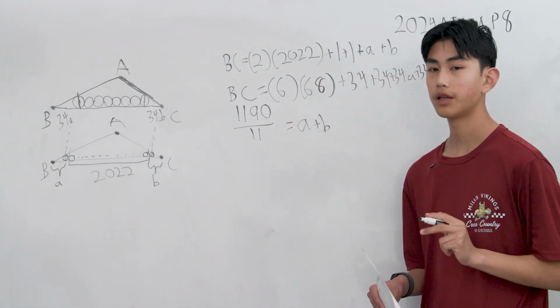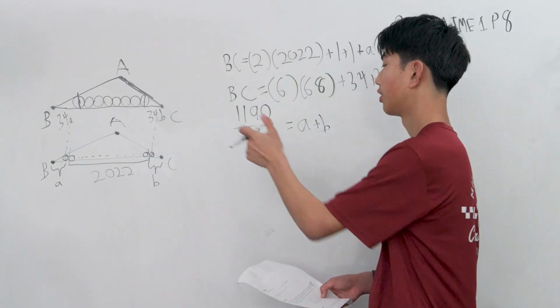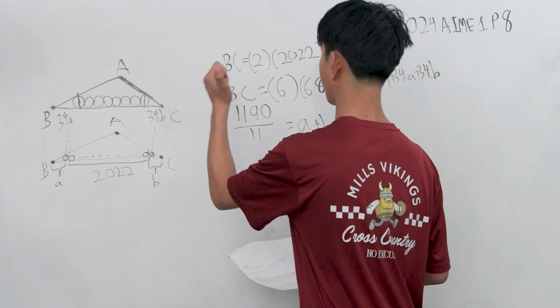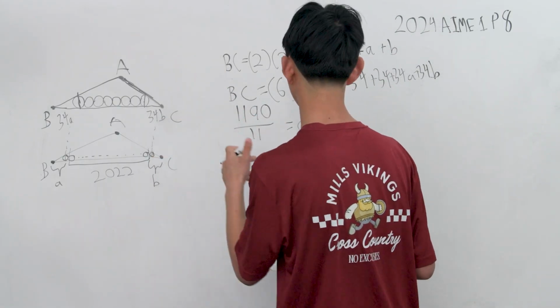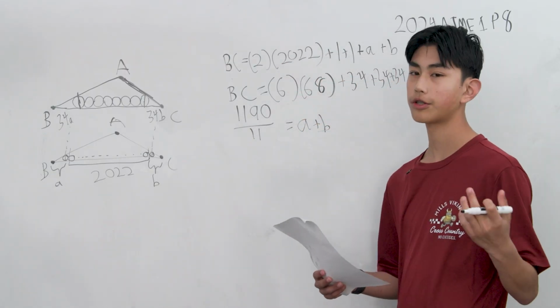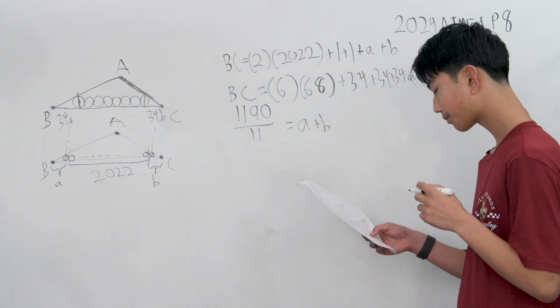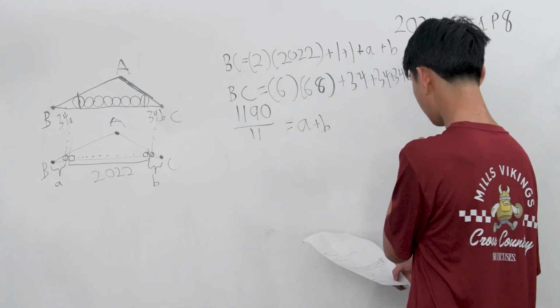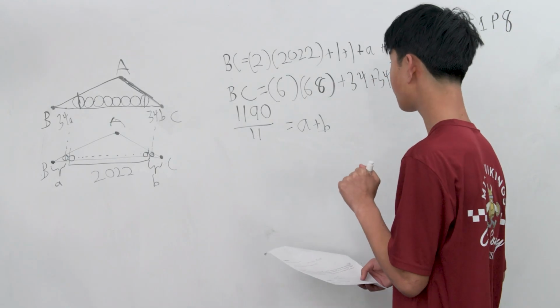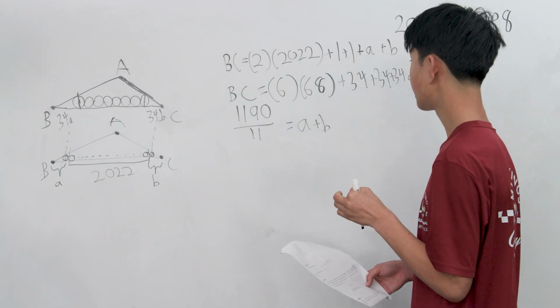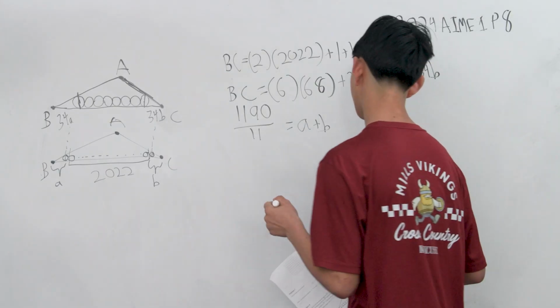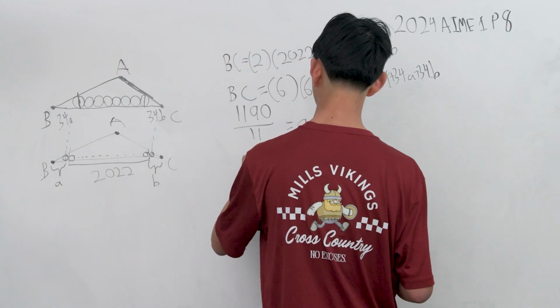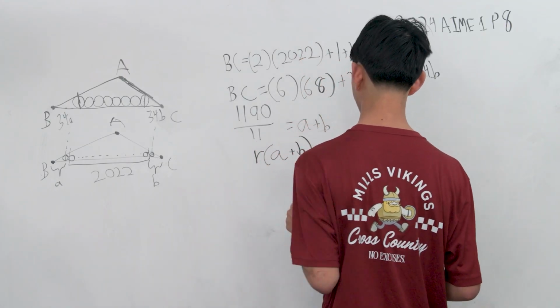Let r be the radius of the circle that this triangle is in, right? If r is the radius, then that means length BC must equal, we can express it as r times a plus b.